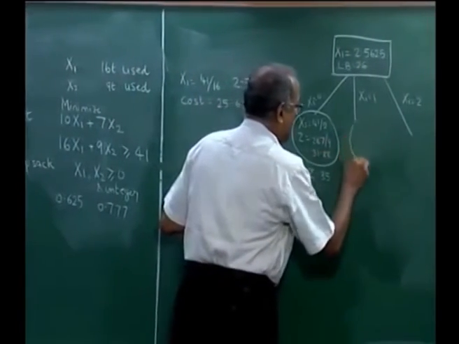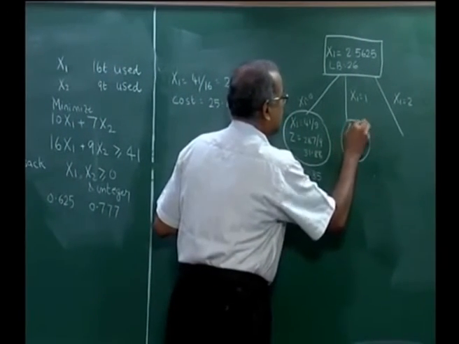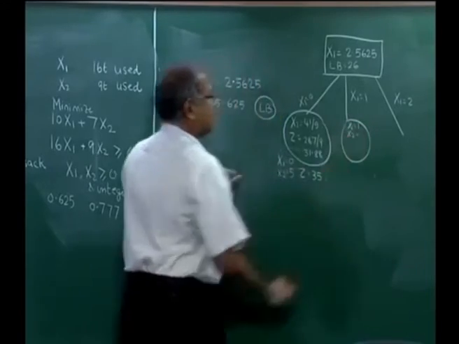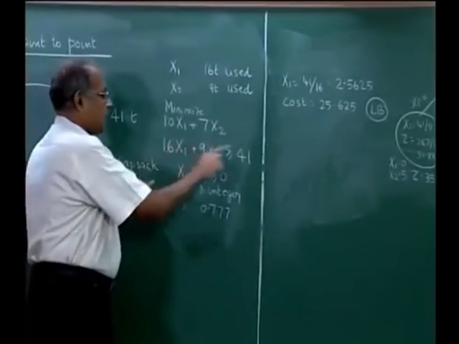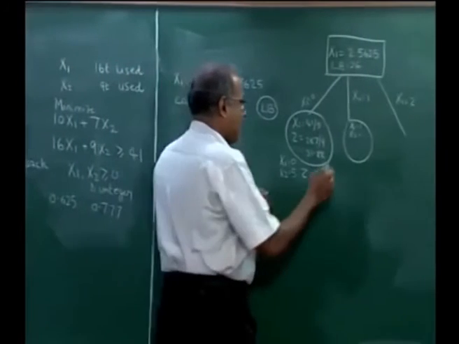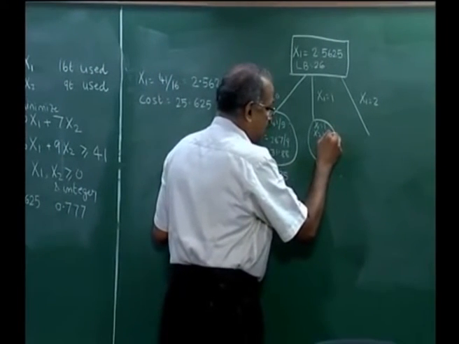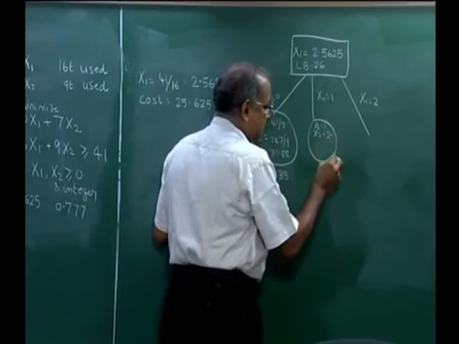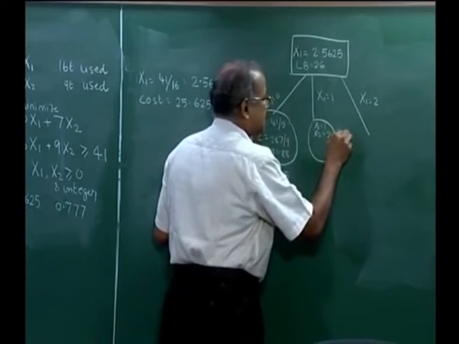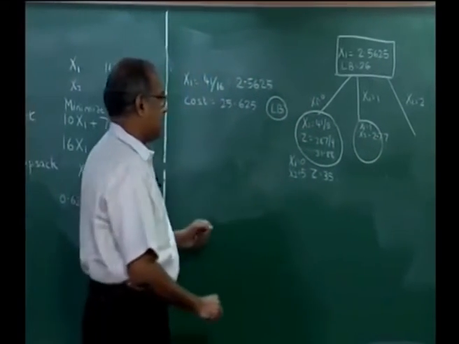Now when x1 equal to 1, we will have a solution x1 equal to 1, x2 equal to 25 by 9, which is 2.77.